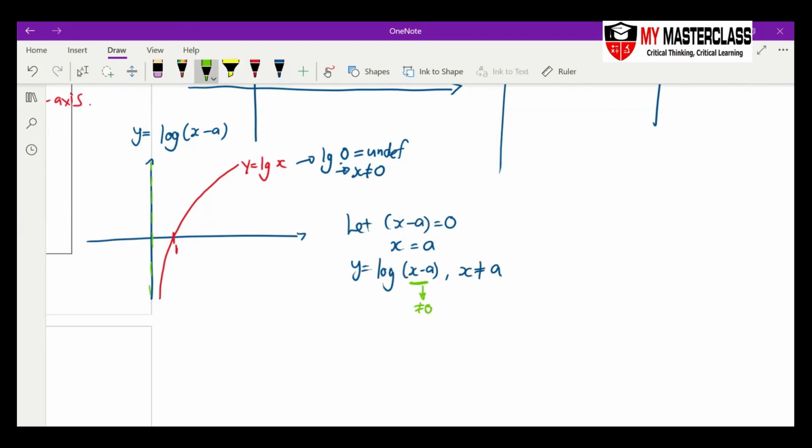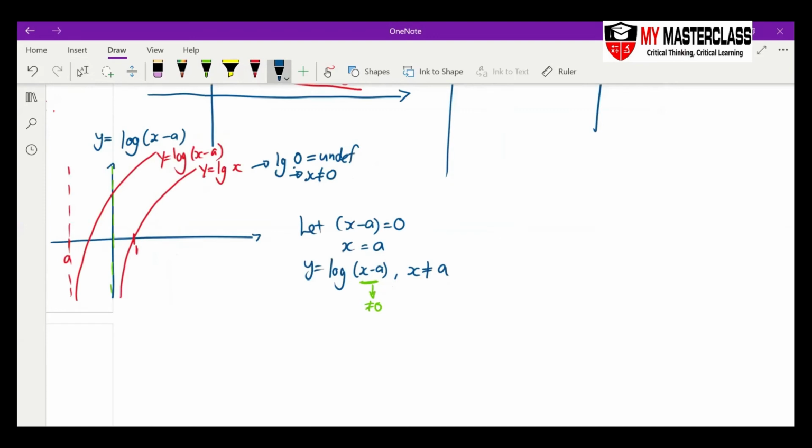So I will draw the dotted line. Here is A. This is Y equals log X minus A. So be careful of whatever is inside the bracket.